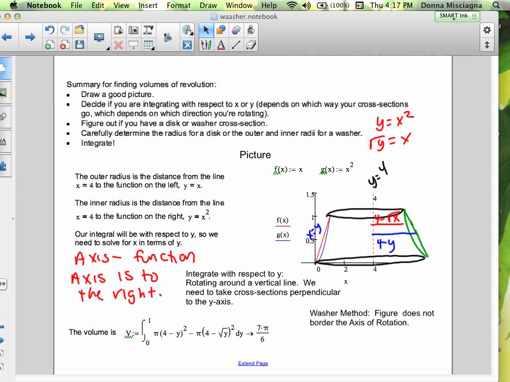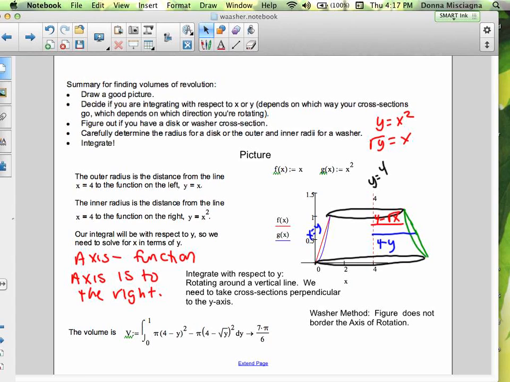And it's going to happen when we have our axis to the right or above. Right? So when your axis is to the right, it's going to be switched, right? So x equals y is the outside function. It has to be with regards to the x here. So x equals y.